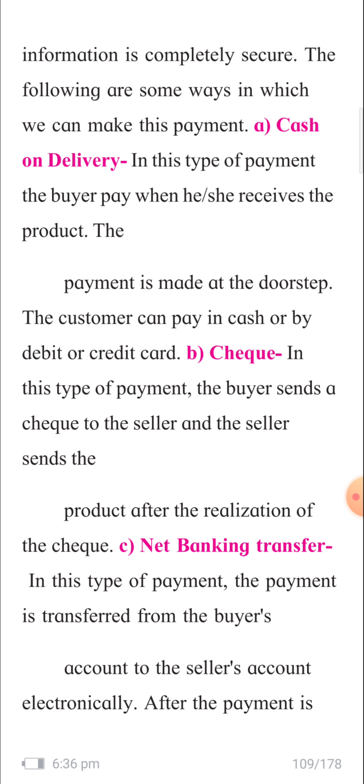So in this type of payment, the payment is transferred from the buyer's account to the seller's account electronically. So in this net banking transfer, payment is received by the seller and the seller will dispatch the goods to the buyer. It is also an electronic facility of transferring funds through the internet.